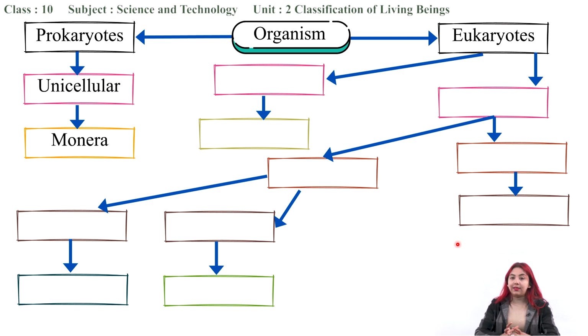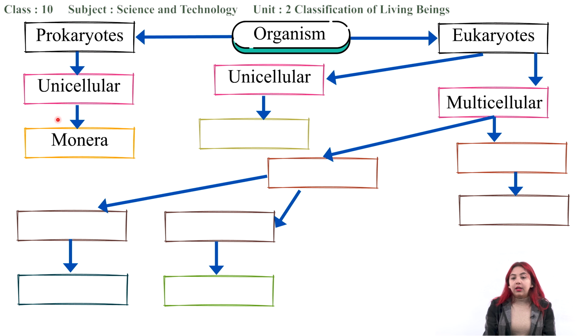So all the organisms that were prokaryotic and unicellular belonged to the kingdom Monera. Similarly, eukaryotes were divided into two categories again, whether the cell is unicellular or multicellular. Now all the unicellular eukaryotes were kept in the kingdom Protista.